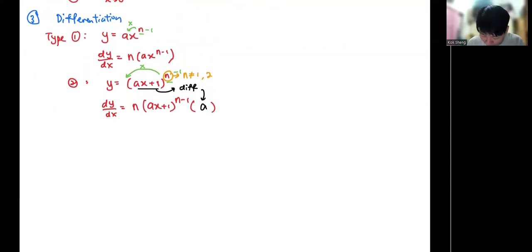Okay, two more types. The third type will be when you have an equation with these two, times together of course, and they both have unknown x.